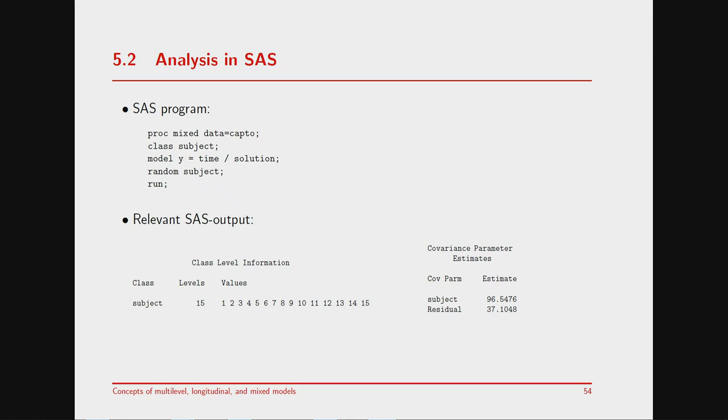The variability within the subjects, the residual variability, is 37, so that's much smaller than the variability between, so you can already guess what's going to happen with the correlation. The correlation will be huge, because there is a lot of variability between the subjects and little variability within the subjects, so the correlation will be very large.